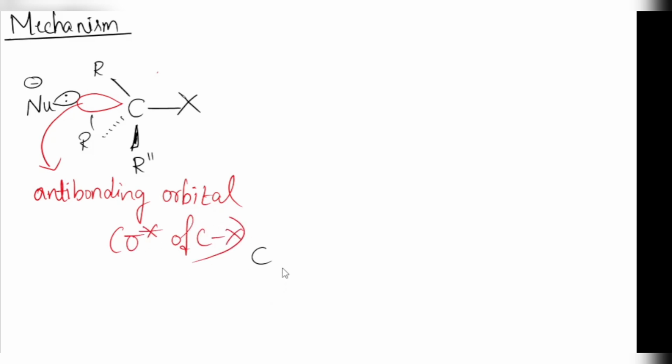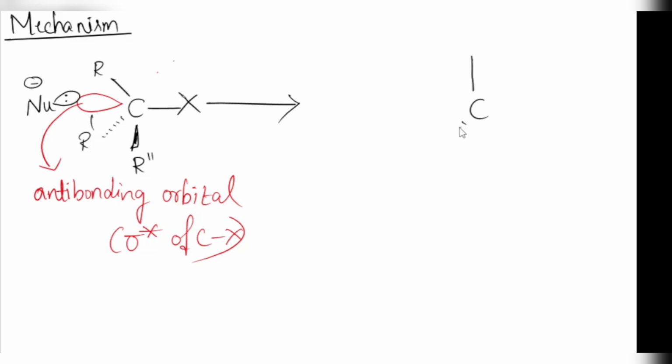I can write it like this, correct? Then the nucleophile donates a lone pair to this, and this bond also has to break. That's why I will write an arrow mark, and here the transition state, which will look something like this.